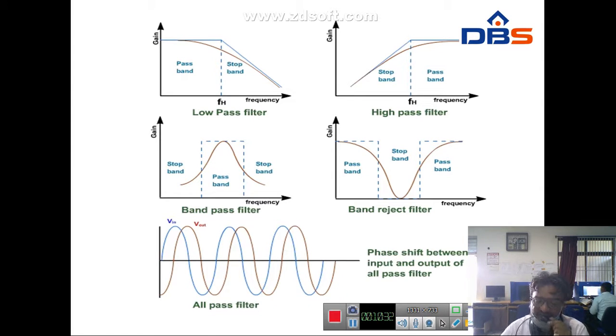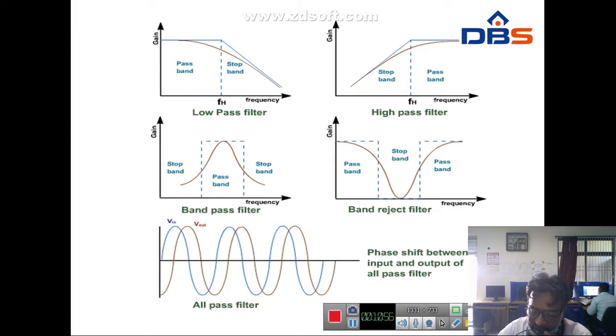Coming to the response of the high pass filter, it has a stop band for f less than or equal to fl, and the pass band for f greater than fl, where fl is the lower cutoff frequency.